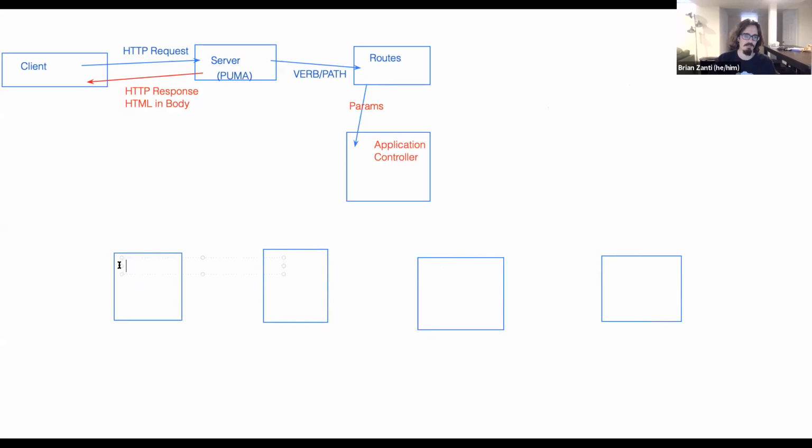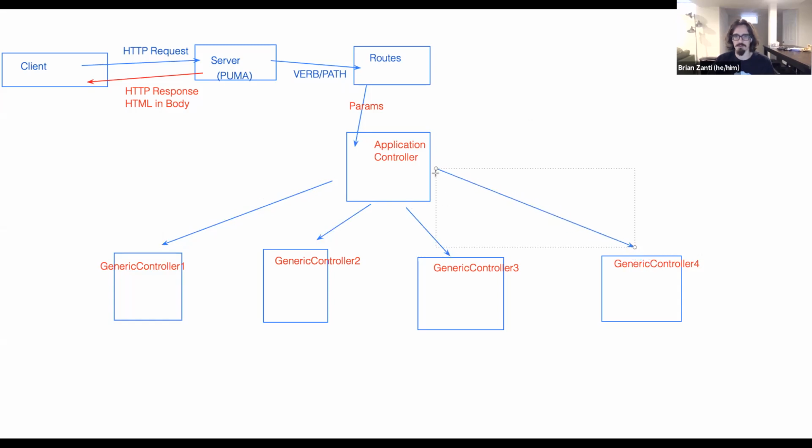Let's call this one generic controller 1, and make another one here, another generic controller. All of these controllers inherit from your application controller.